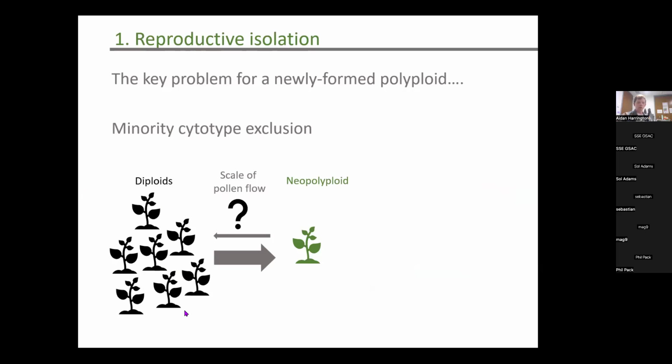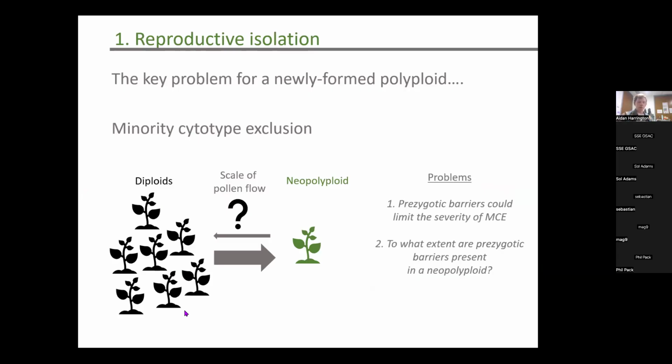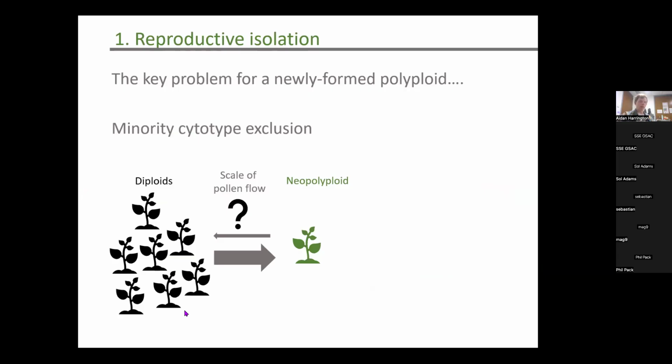There's a key problem for a newly formed polyploid, which is presumed to be a major barrier to polyploid success, and that is called minority cytotype exclusion. Really this problem emerges from the fact that a neopolyploid is going to be very rare initially when it first forms from its diploid progenitors.